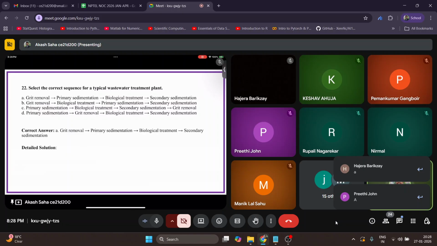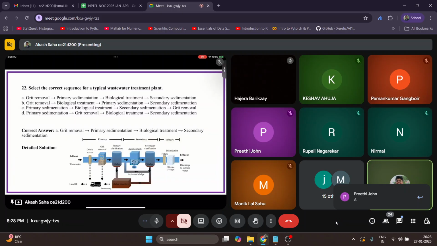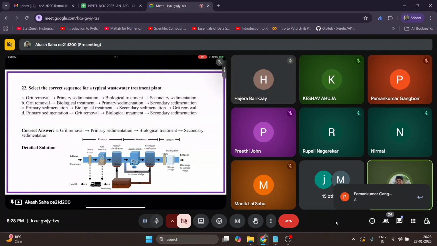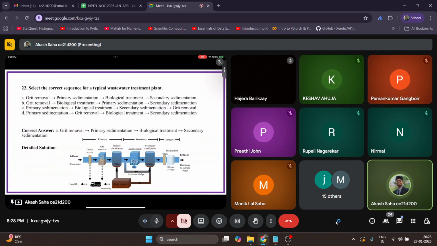In the treatment system, we have the grit removal first, and then the primary clarification happens, followed by the biological treatment, that is the aeration tank or the ASP, and then after the formation of sludge, the secondary sedimentation happens, followed by some disinfection. So the correct answer is option A.